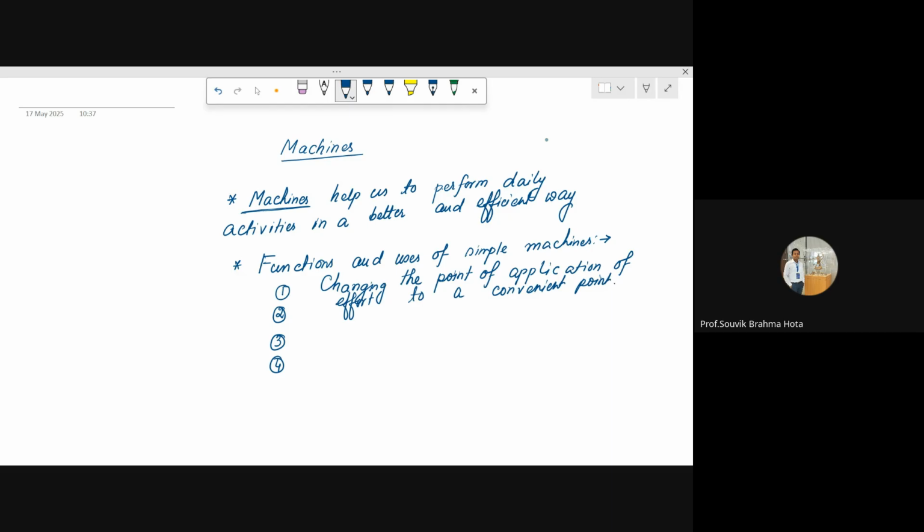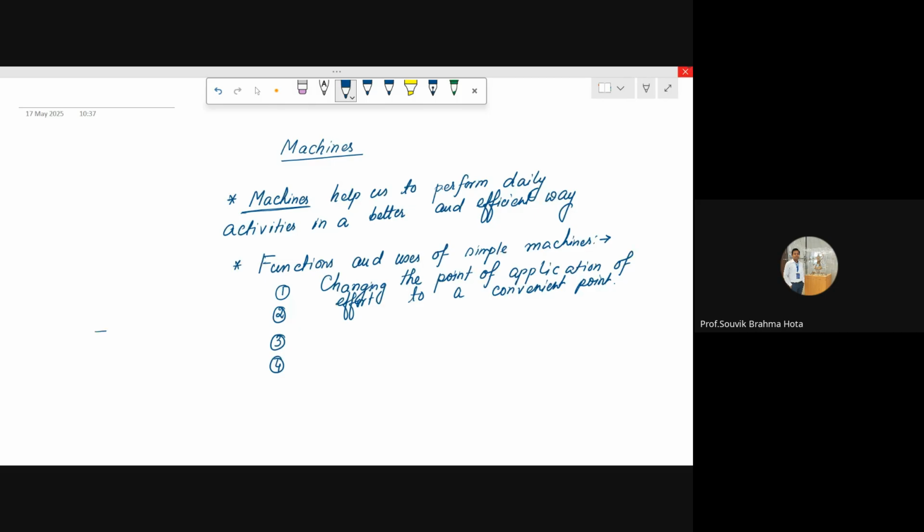Now here you must know effort and load. Suppose you are fetching water from a well, so the water is the load. And effort means you are pulling the rope down so that the bucket of water is rising up. Whatever you are pulling, that pulling force is your effort. So effort is done by you, and the load is what you are lifting. So, changing the point of application of effort to a convenient point.